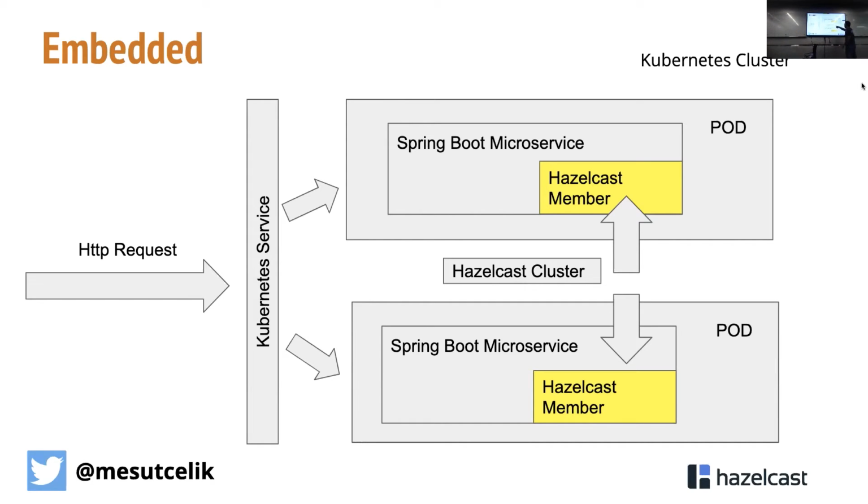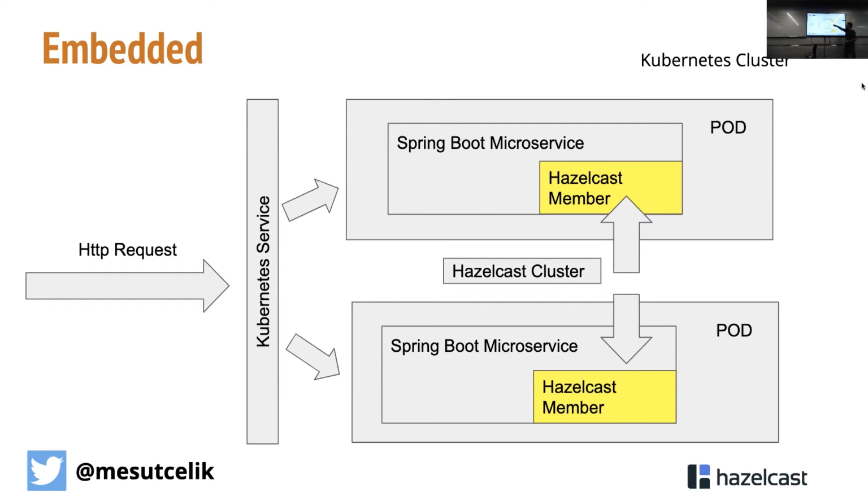The Spring Boot microservice does not always have to talk to this member. As data is partitioned, the Hazelcast client and members are intelligent enough that the member knows where the data is and goes directly to that member.